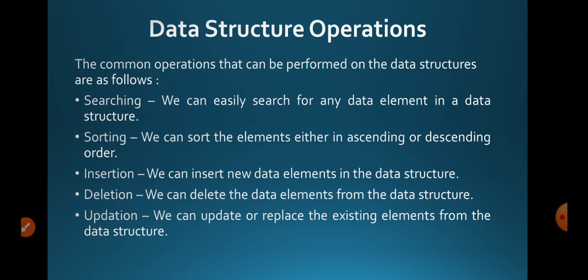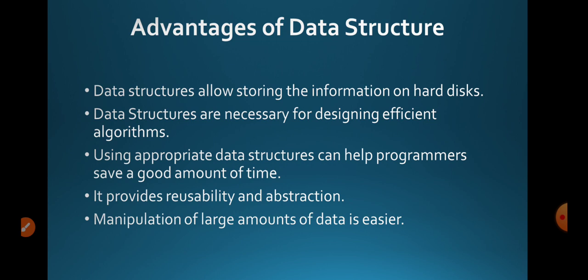We can insert new data elements in all these data structures, primitive as well as non-primitive, using the insertion operation. We can delete data elements from the data structure using the deletion operation. Updation: we can update or replace existing elements in the data structure using the updation operation.